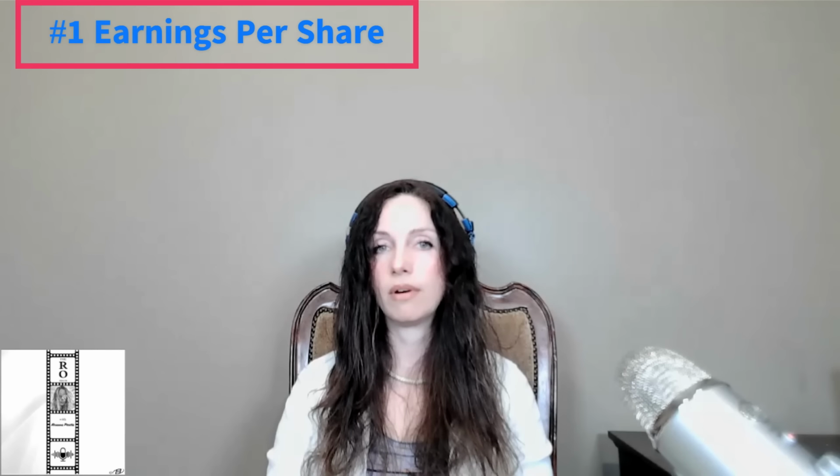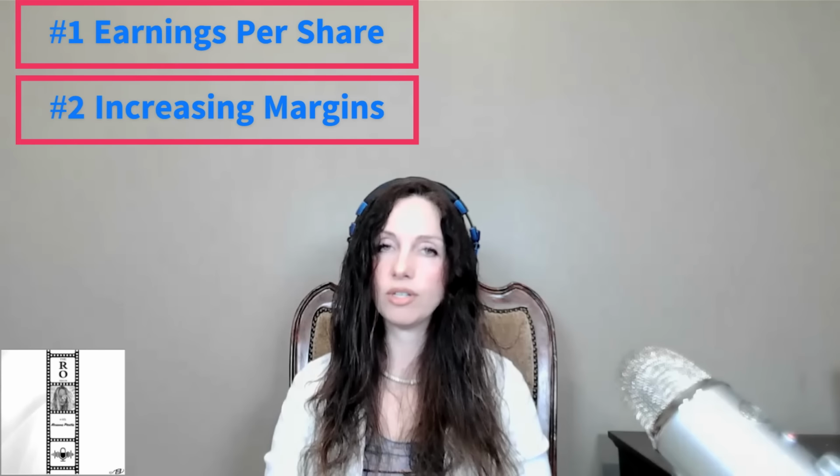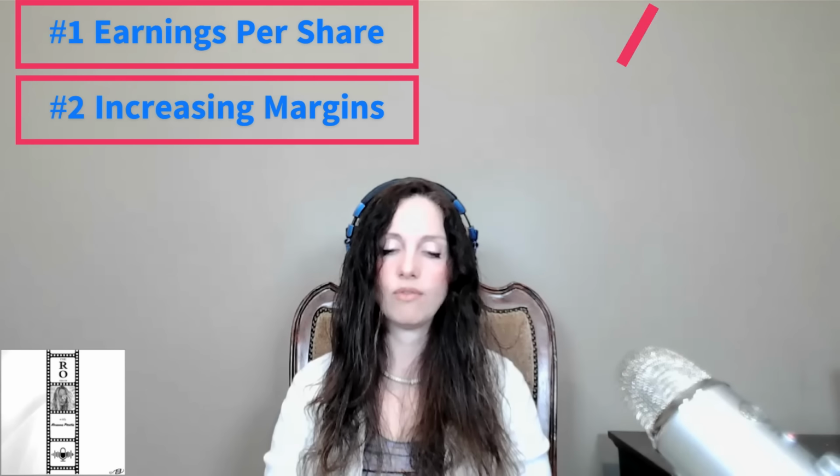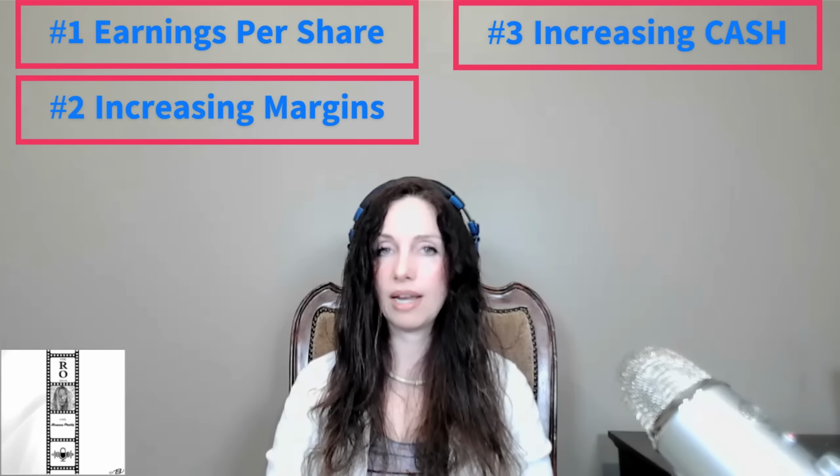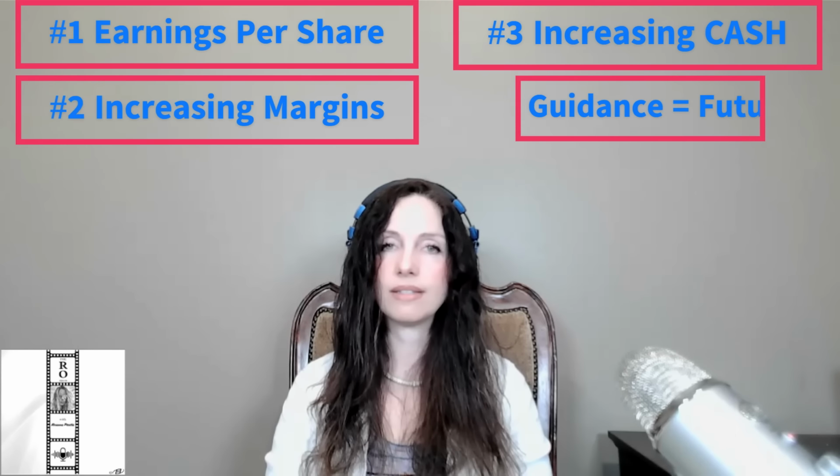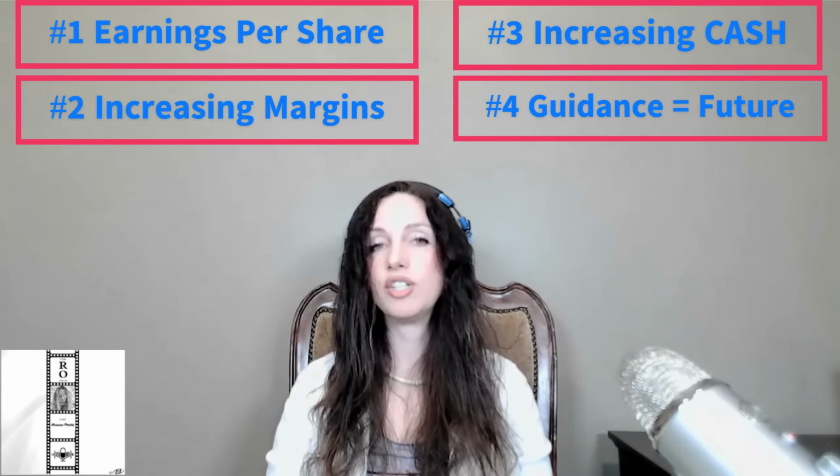So 5-finger fundamentals when companies report their earnings. Earnings per share increasing, margins increasing, free cash flow, cash increasing, guidance increasing, strategic plans.